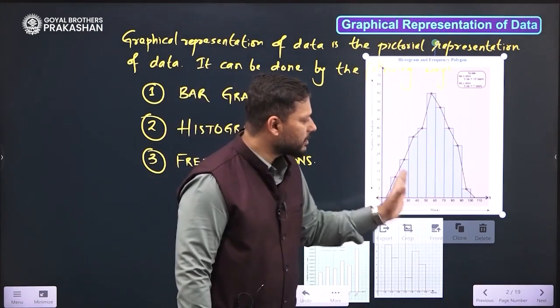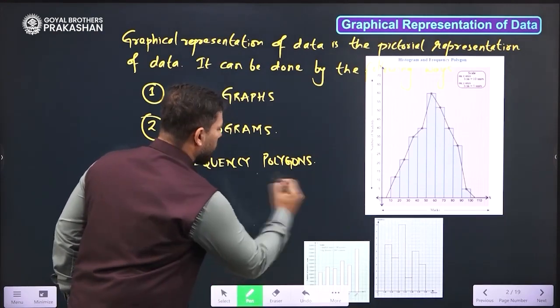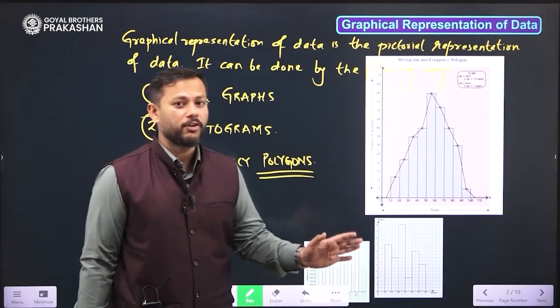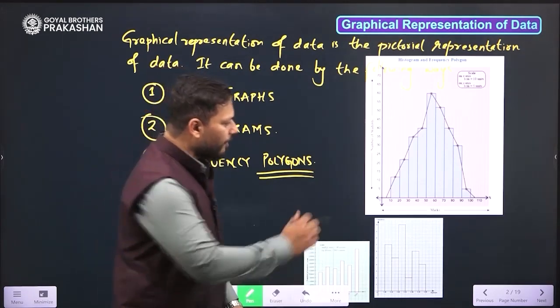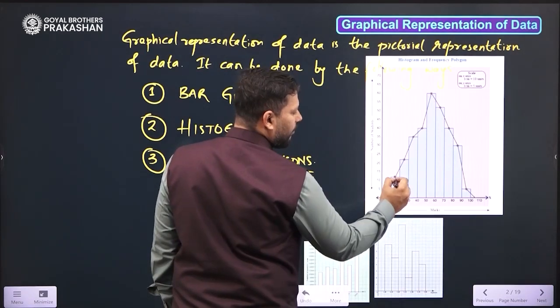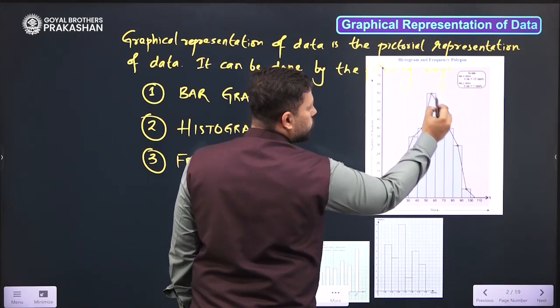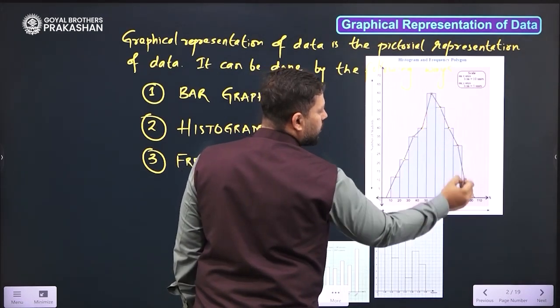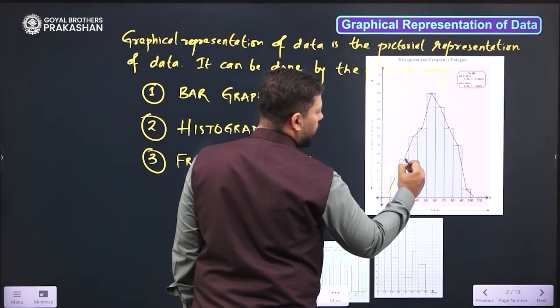But here, what is the change? As the word says, it's a polygon. If it's a polygon, that means some closed-sided figure has to be involved. If I make a histogram, and then take the midpoints of the height of each bar and join them using a freehand line, look how it looks.